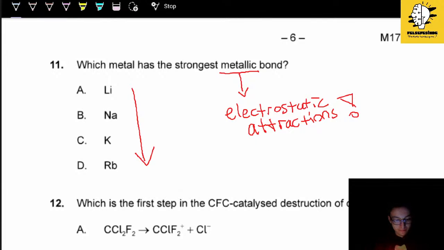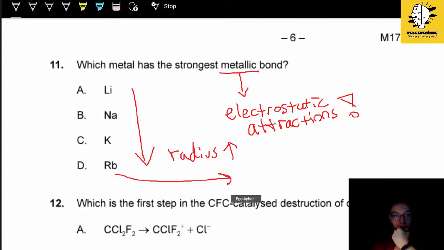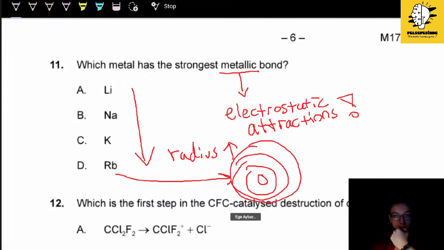As we go down the group, then we know that its radius will increase. Let's write it. Radius will increase. And if radius increases, then what happens to the positively charged nucleus? Then we would know that, for example, for rubidium, we have this structure, and this is the sea of electrons, then we would have less attraction here.